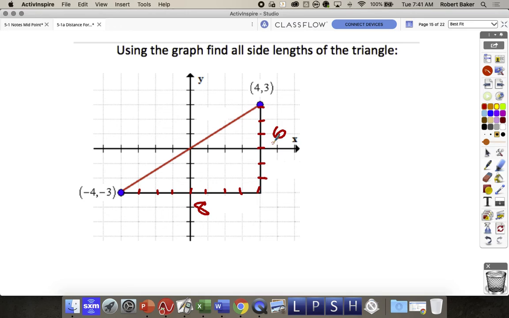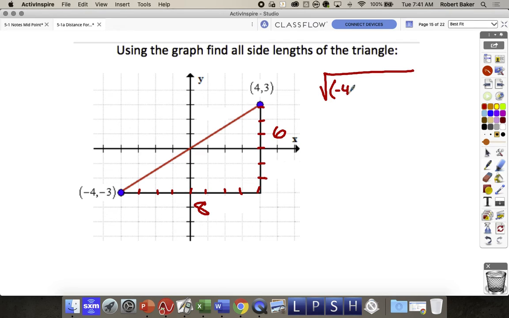But you have to calculate the hypotenuse. You have to calculate that red line. So you have to take these numbers and plug them into the distance formula. I'm going to use the negative numbers as my x2s and y2s.